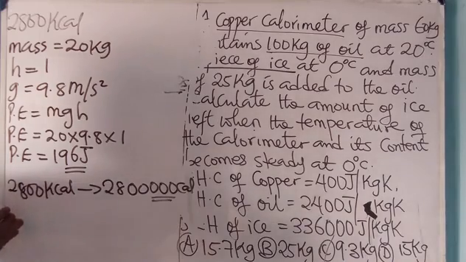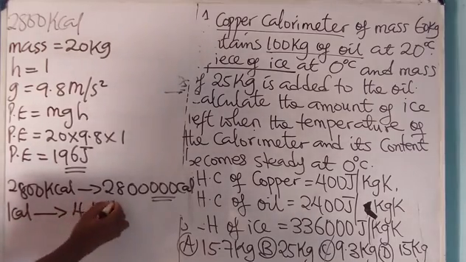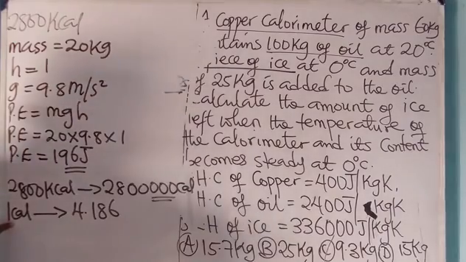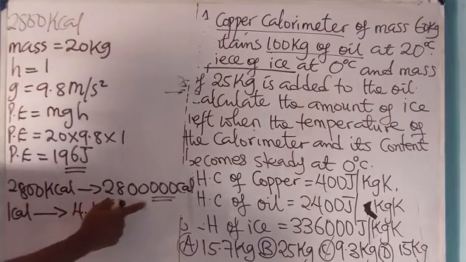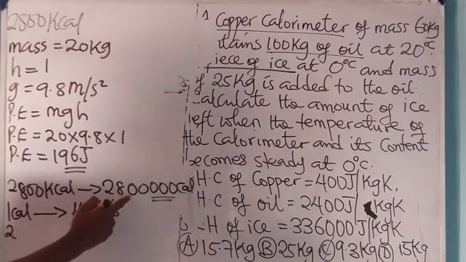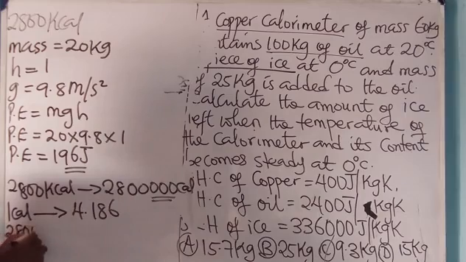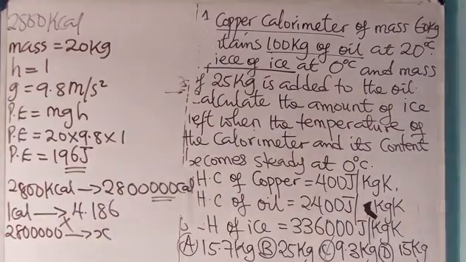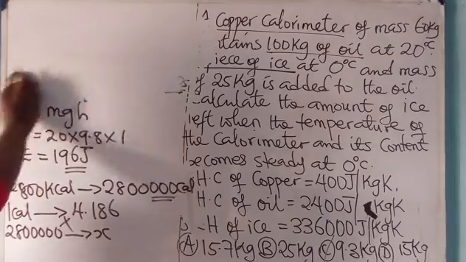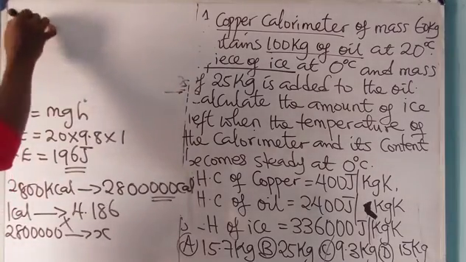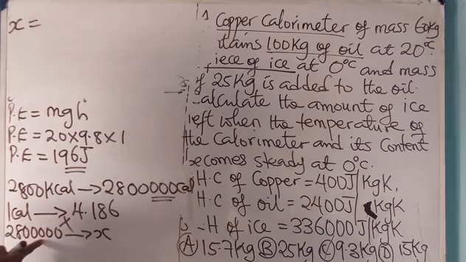Now if one calorie is equals to 4.186, how many calories will this one give? 2,800,000 calories, x. So you have to cross multiply. Cross multiplying becomes x equals this times this divided by 1.